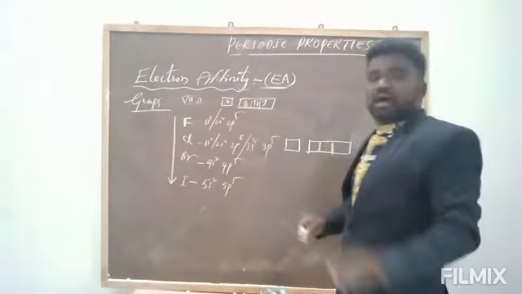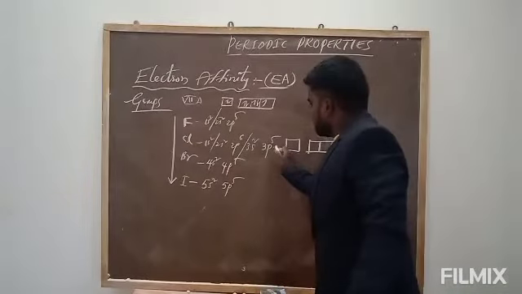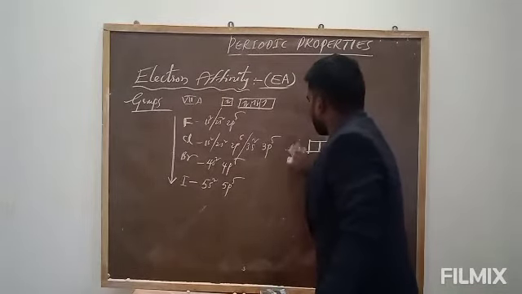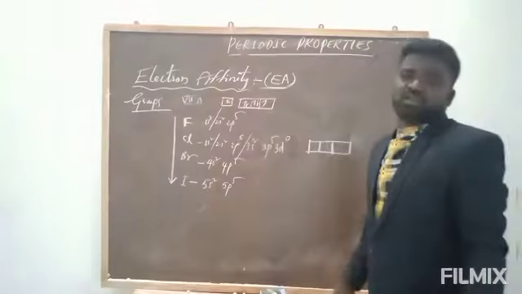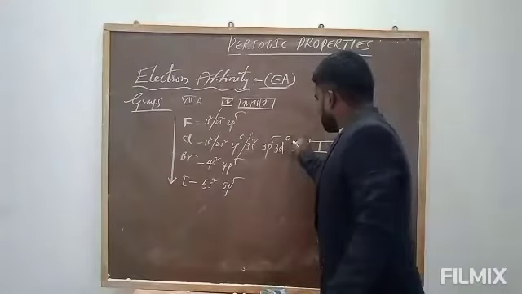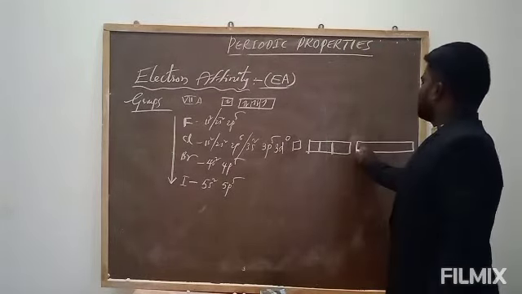Some subshells are also there. Already we discussed. So here 3s2 3p5. Next, 3d0 will be there. Now 3s2 3p5, 3d will be 0.